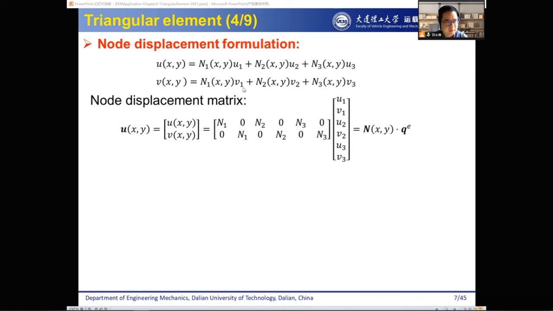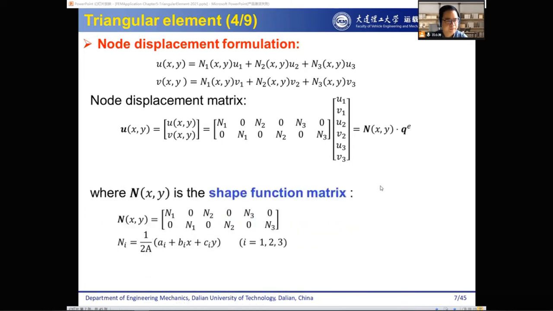Because they share the shape function, we arrange the shape function matrix like this. If you do the calculation, the first row times the node displacement vector gives N1 u1, N2 u2, N3 u3, and the second row gives N1 v1, N2 v2, N3 v3.